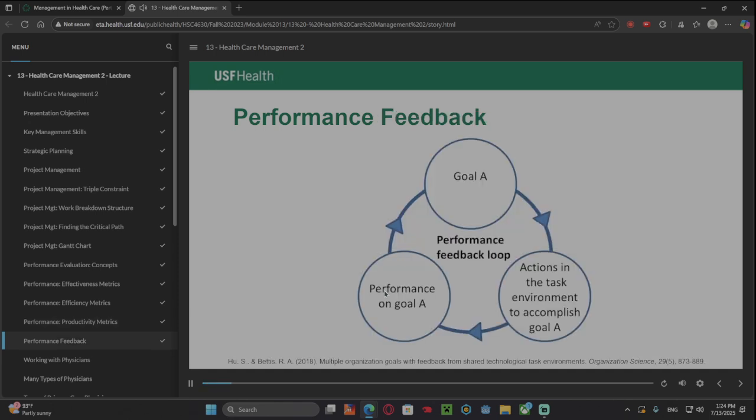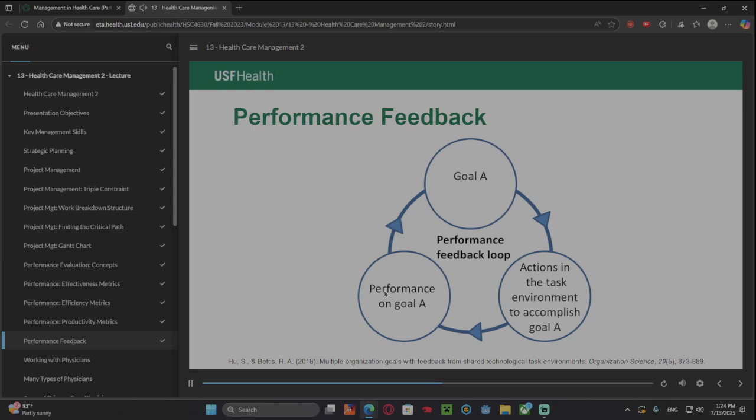Managers are also responsible for giving feedback on performance at the organizational level and at the individual level. The graphic shown on this slide is a performance feedback loop. The idea is that you set a goal and then have actions in the task environment to accomplish that goal. Then you have performance on that goal.